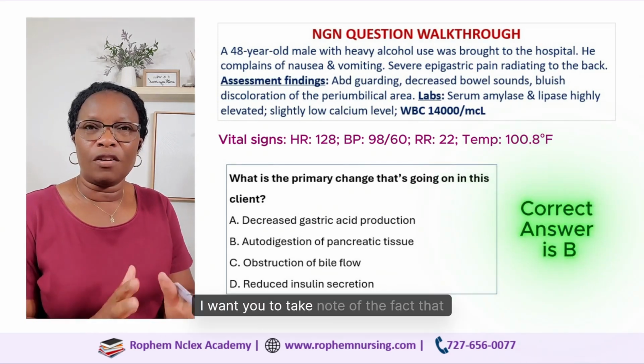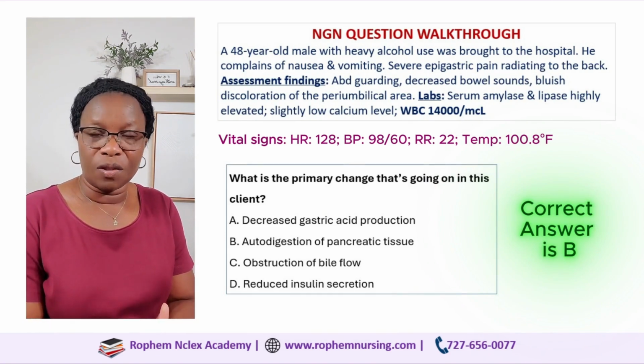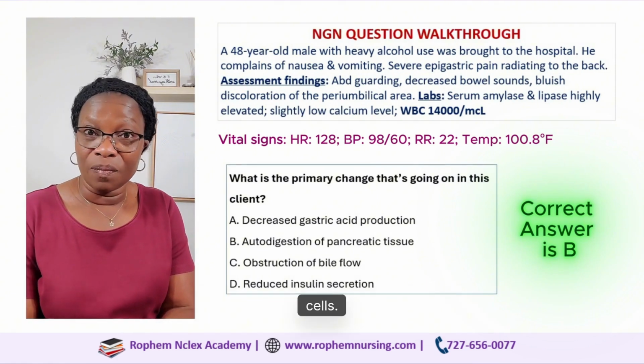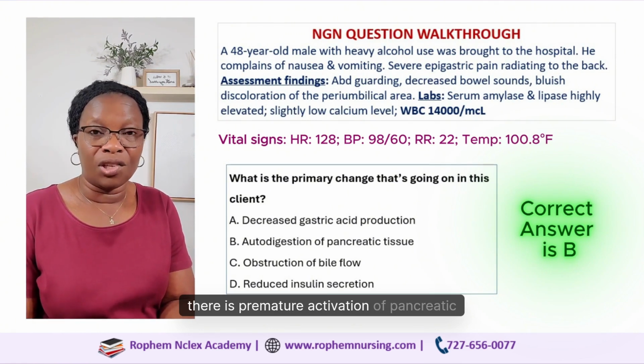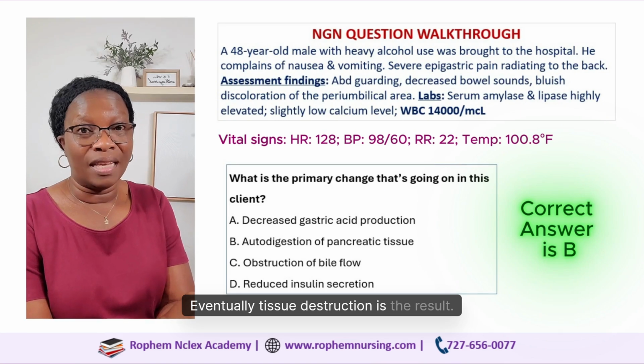I want you to take note of the fact that the patient has heavy alcohol use. Alcohol can cause direct injury to pancreatic cells. In acute pancreatic inflammation, there is premature activation of pancreatic enzymes. Eventually, tissue destruction is the result.